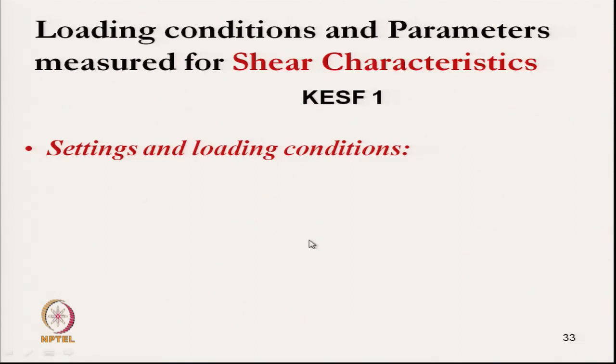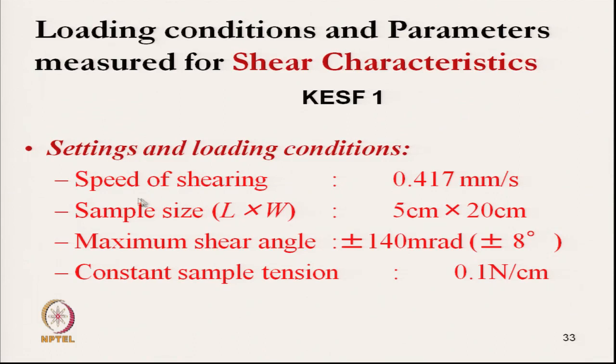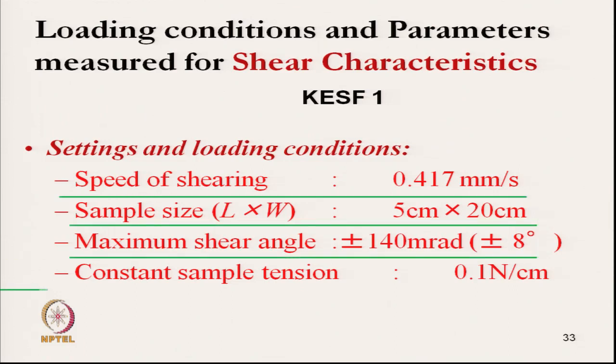For the shear related characteristics, the setting and loading conditions are: the speed of shearing is 0.417 millimeter per second, which is the sliding speed. The sample size remains the same. The maximum shear angle is plus minus 8 degree, which is equal to 140 milliradian, and the constant sample tension is 0.1 Newton per centimeter.